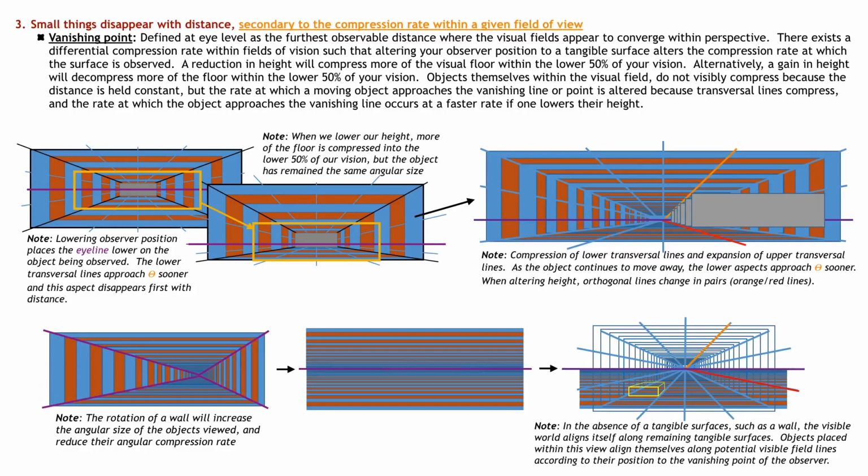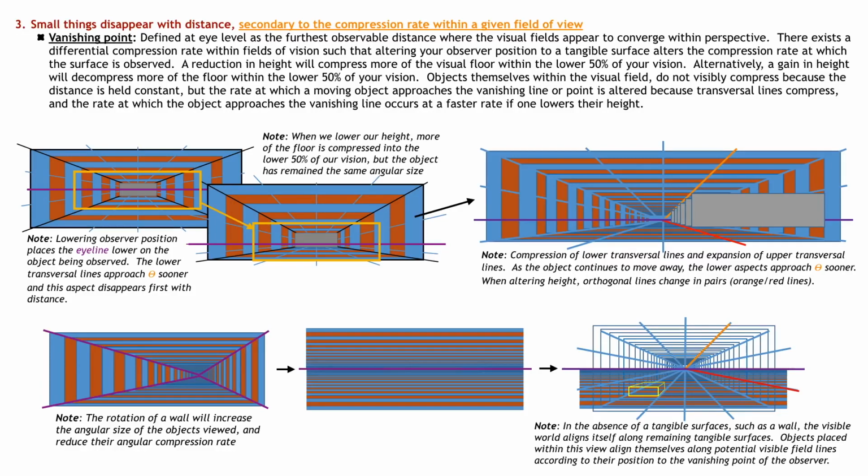There exists a differential compression rate within fields of vision such that altering your observer position relative to a tangible surface alters the compression rate at which that surface is observed. So a reduction in height will compress more of the visual floor within that lower 50% of your vision. Alternatively, a gain in height will decompress more of that floor within that lower 50% of your vision. And we will show some examples of how that works.